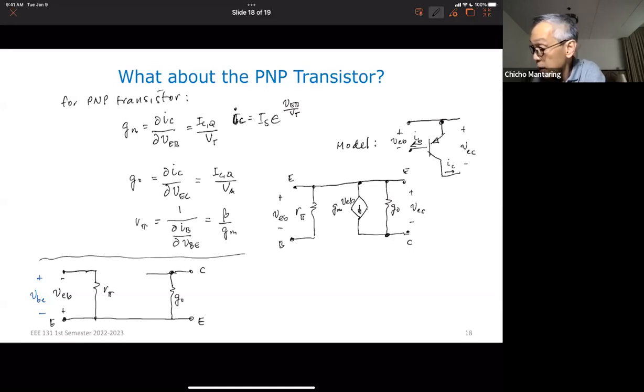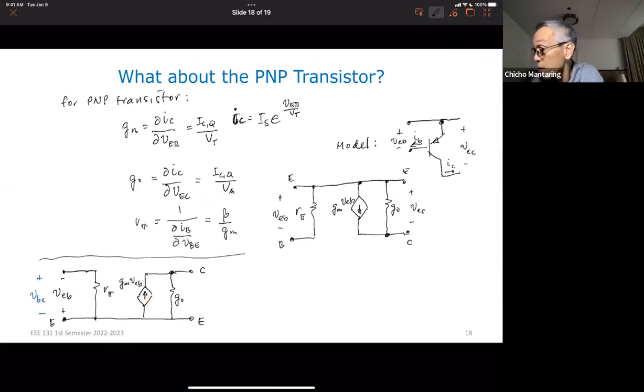And then my current source is going to be going upward. So this is GM VEB, GM VEB. If I express this in terms of VBE, babaliktarin ko lang yung direction nito.